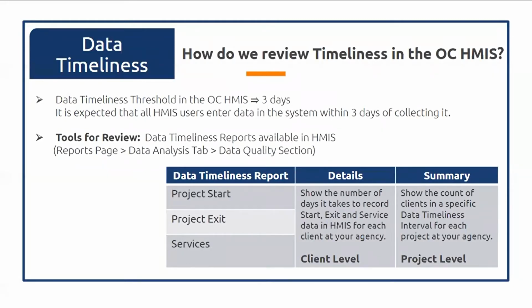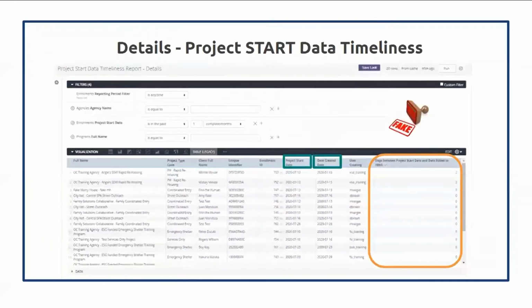In the details report, we are looking at how long it takes to enter data in HMIS on a client level. And in the summary report, we look at the number of clients in a specific data timeliness interval. So let me show you an example of the timeliness reports. Let's see the project start data timeliness report that we have here.